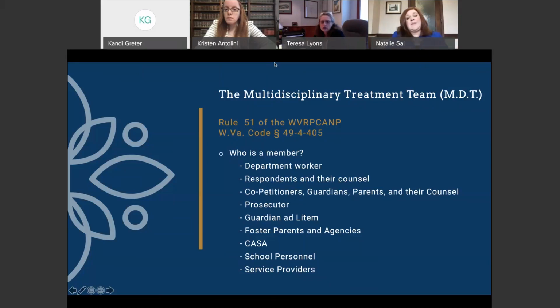The guardian ad litem has to be part of the MDT process and has to have an important role in being able to put together an improvement period. They should be the ones who are in that process advocating for the needs of the child and making sure that in creating all of these terms and conditions that the parents are going to have to follow, we are not forgetting the fact that these kids often will need services themselves.